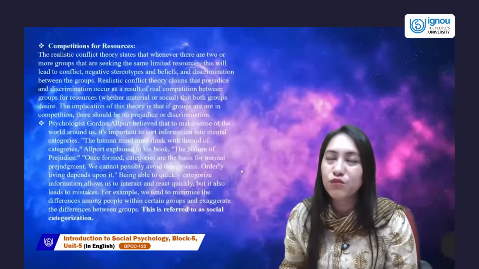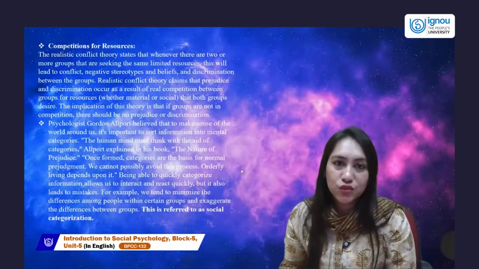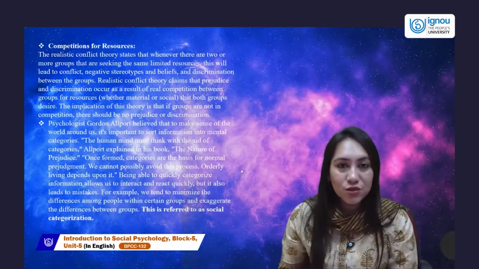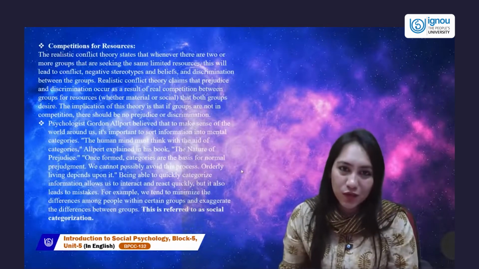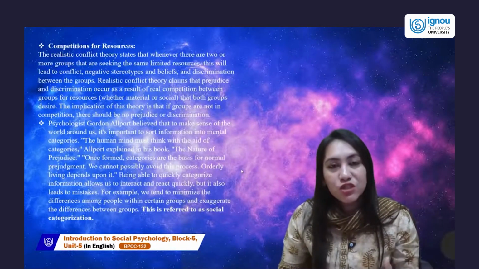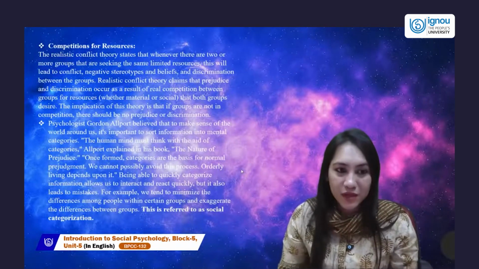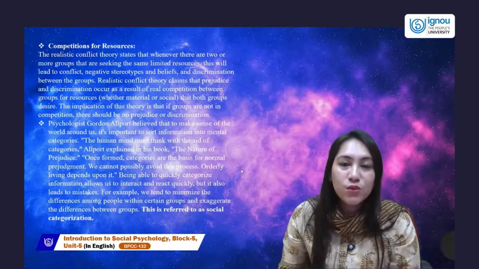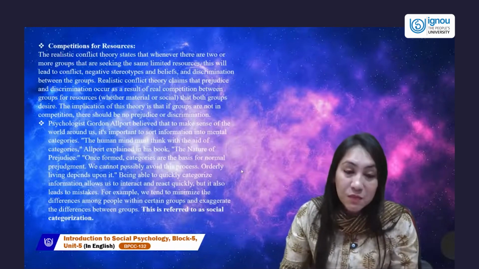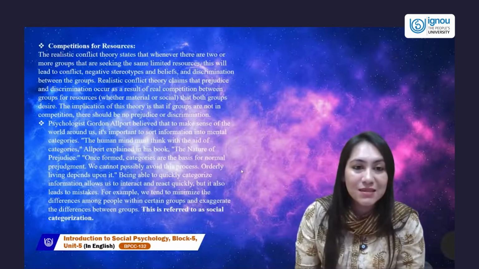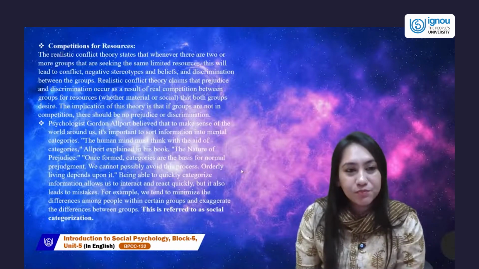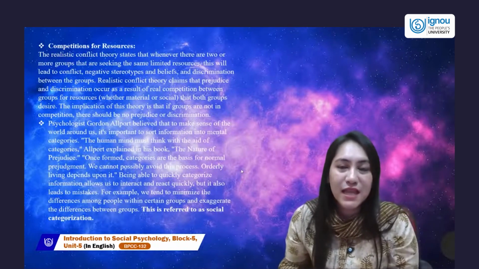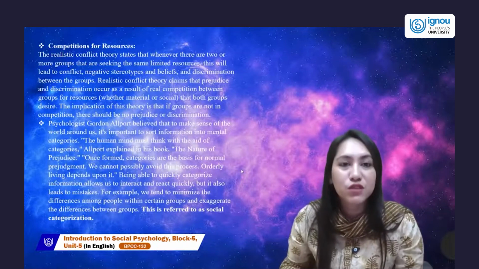For example, if group one does not require a social resource and group two requires a social resource, there's not going to be a conflict. So we need to have a resource which is required for both of them, and there's a conflict behind it. So this finishes the conflict theory, which states that groups usually have some sort of prejudice and discrimination because they are fighting for resources.